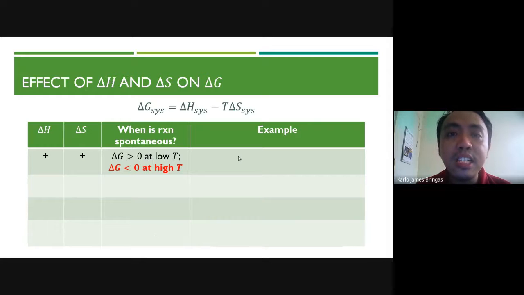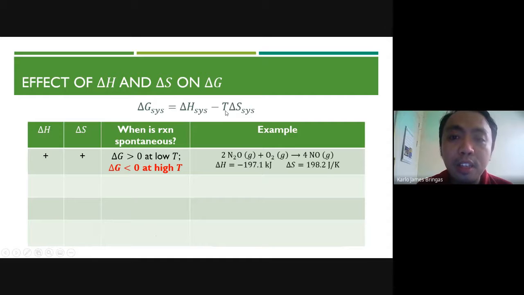And since delta G is negative for spontaneous reactions, that's the only time where case 1 gives us a spontaneous reaction. So it kind of makes sense. Our delta H is positive, and we want delta G to be negative so that we can have a spontaneous reaction. The only way for the sum of delta H and the T delta S term to be negative is if the T delta S term is very large.